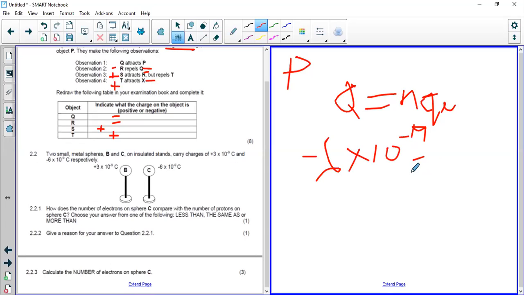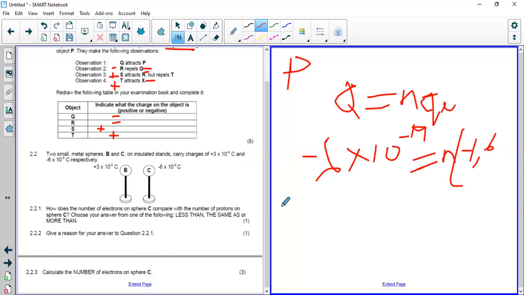We are looking for n. And we've got our QE, the charge on an electron, which is negative 1,6 times 10 to the power negative 19. That's what I have there.